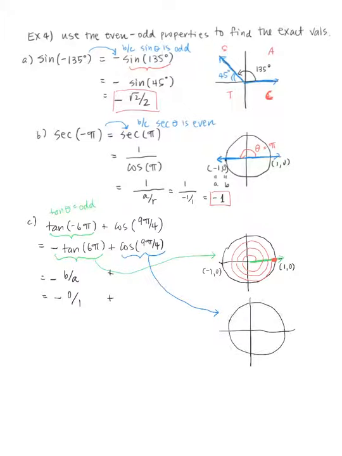All right. So by the reference angle theorem, cosine of 9 pi over 4 is just going to be cosine of pi over 4. If you don't believe it, you could just go around the circle to find the coterminal point if you like.